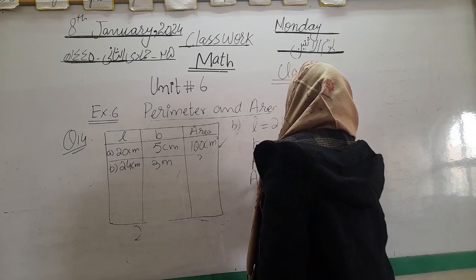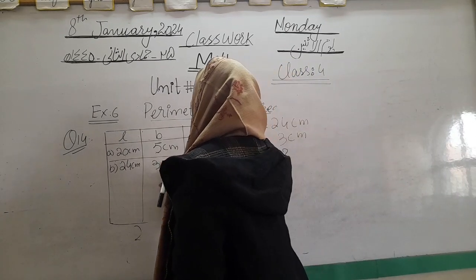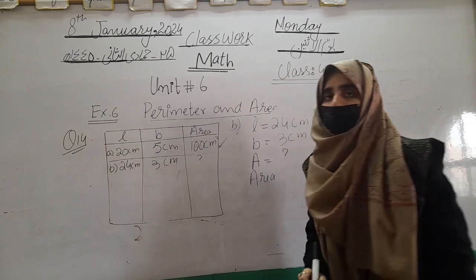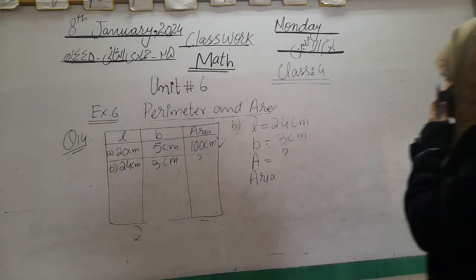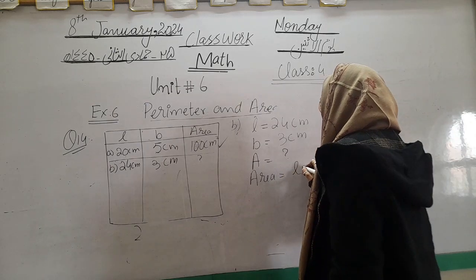What is the formula of area? Tell me, class. Area is length multiplied by breadth.